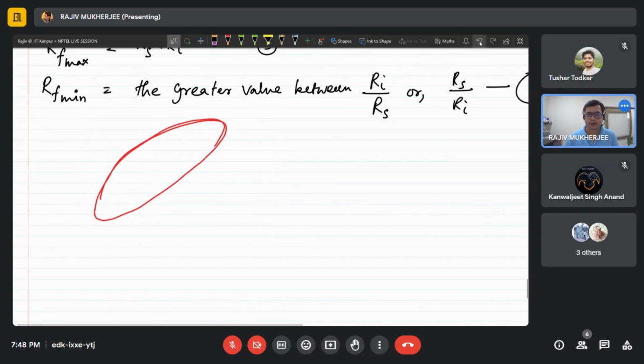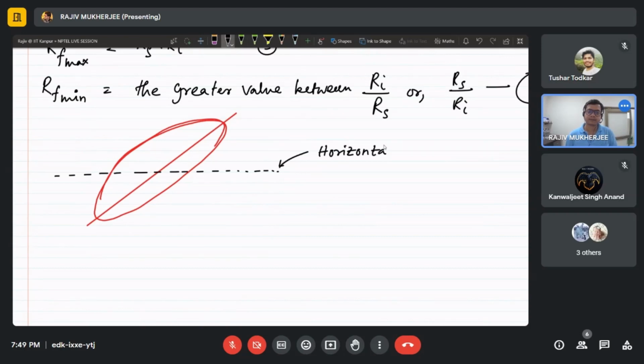What we do is we consider a horizontal reference frame for each of these markers. So this is a horizontal reference frame, right? And from that we measure the angle between the long axis and this horizontal line clockwise.